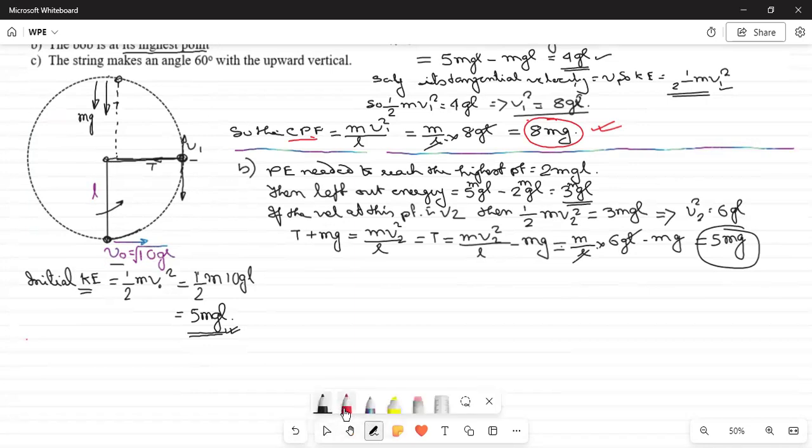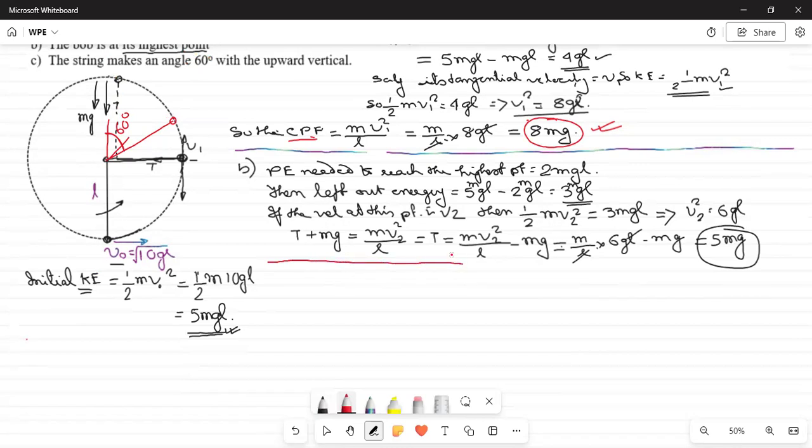Third part is when the bob is at 60-degree angle with the upward vertical. That means if this is the upward vertical, this angle is 60 degree. Now, once again, there will be a question, will it reach this point at all? But already you have found that it reaches the highest point. So obviously it will reach this 60-degree point also. There is no doubt. And we'll go in the same fashion.